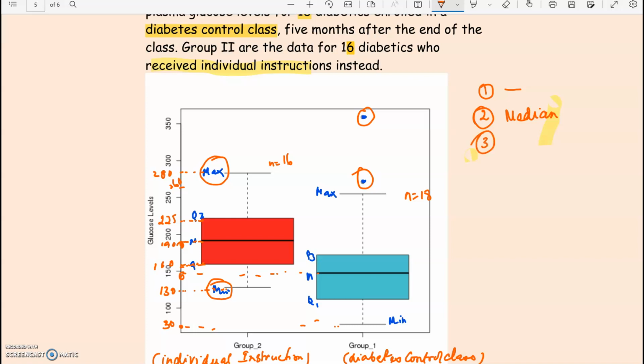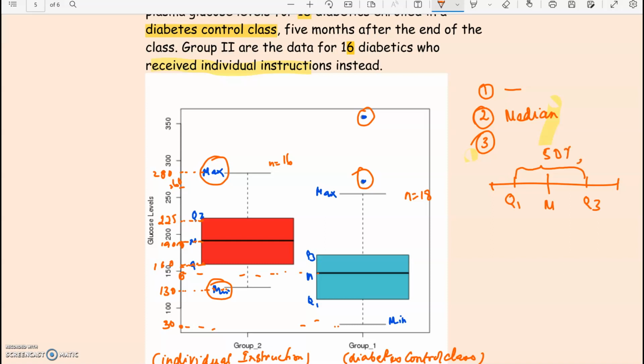Now, the third thing we could say is, remember that the median splits the data set into 2 equal parts, and if we add the lower and upper quartiles along with the median, it splits the data set into 4 equal parts. This is the middle 50%.